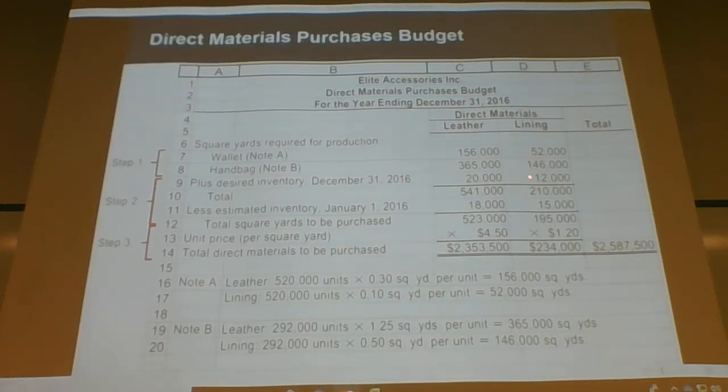We're going to do the exact same thing for our lining, and we're going to come up with 541,000 total square yards for leather, 210 for lining.